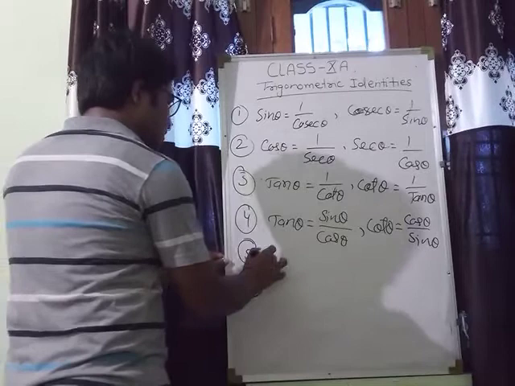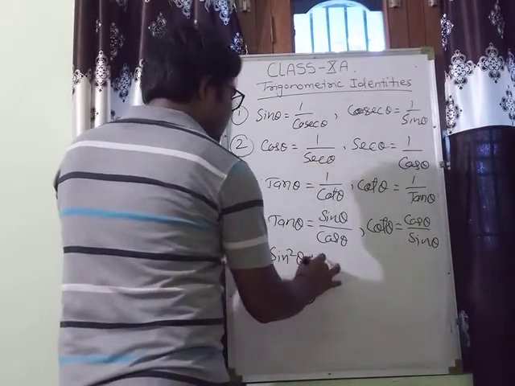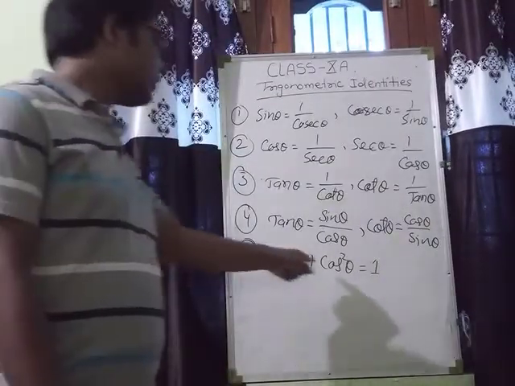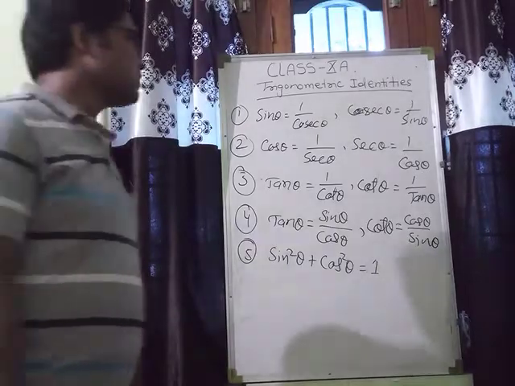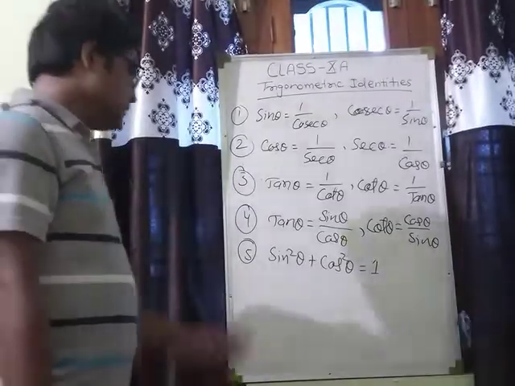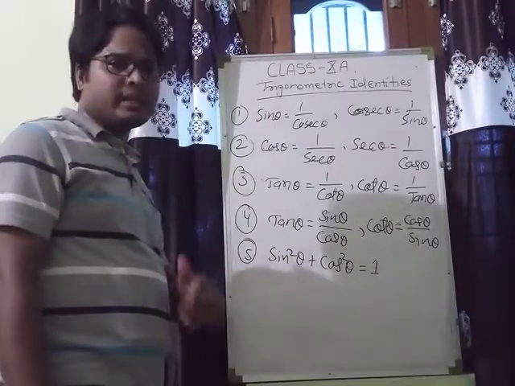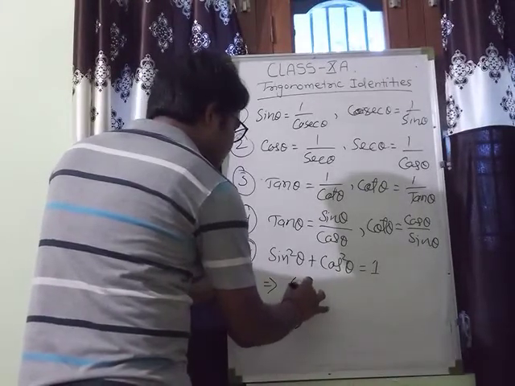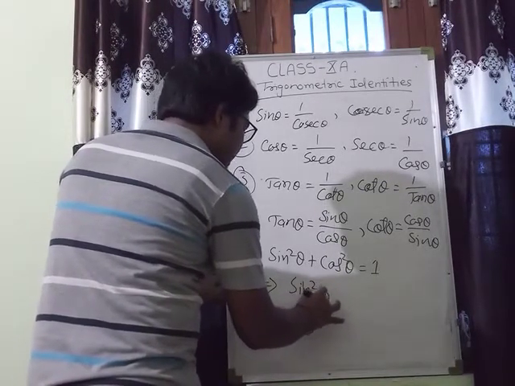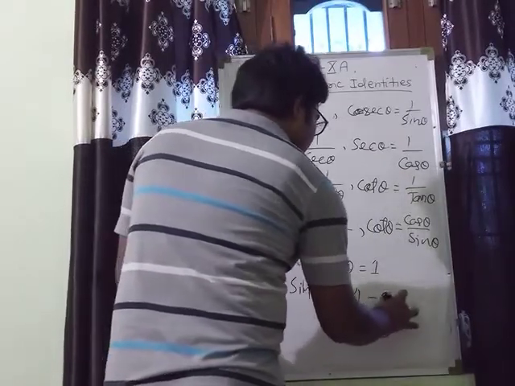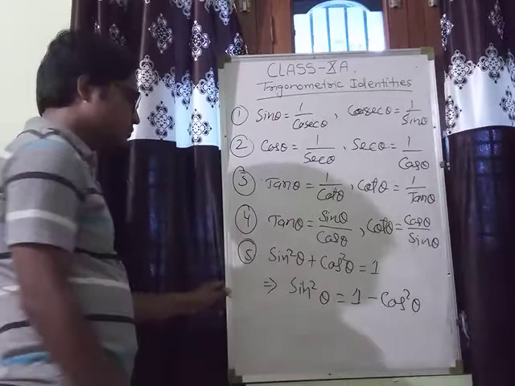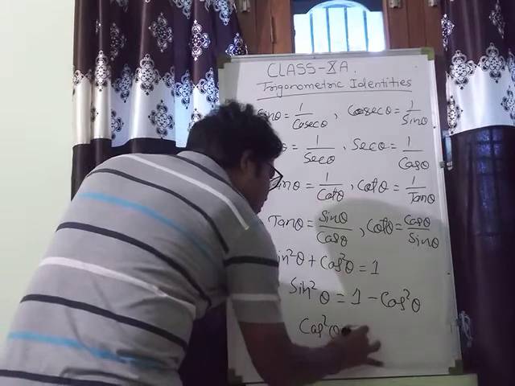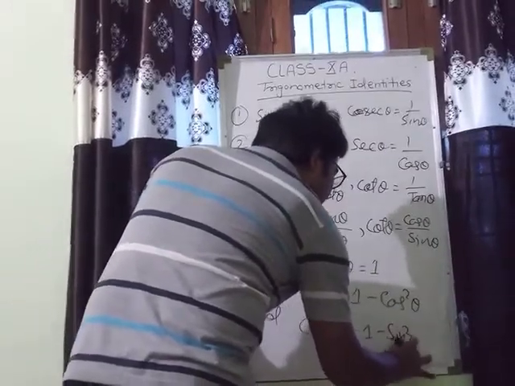Fifth one, sin square theta plus cos square theta is equal to 1. That is a very important identity. It comes in many questions. From this identity we can find two more: sin square theta is equal to 1 minus cos square theta, and cos square theta is equal to 1 minus sin square theta.